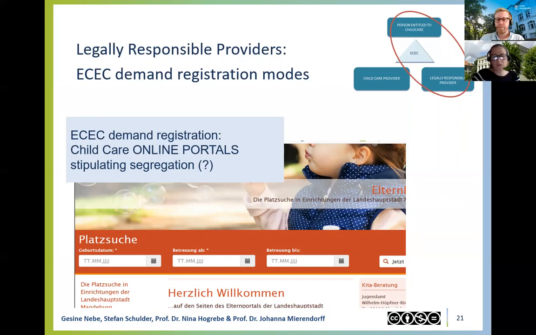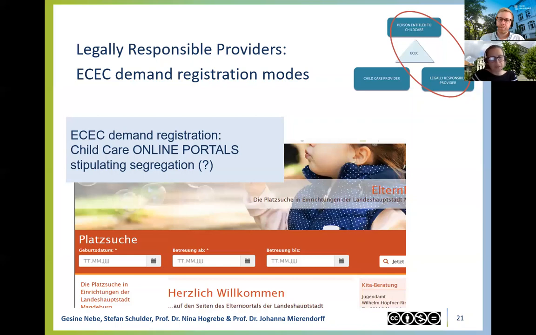Not yet a whole decade ago, municipalities, usually big cities, started implementing childcare online portals, in German Kita-Portale. This would not be interesting as such, taking into account digitalization trends, but when taking a closer look at those websites, one realizes that not all of those provide their services in other languages than German.